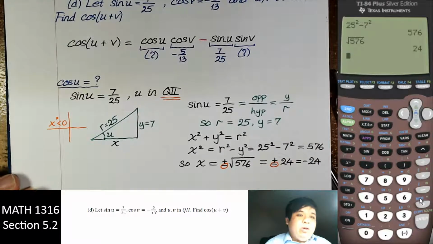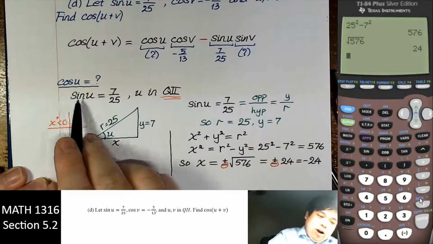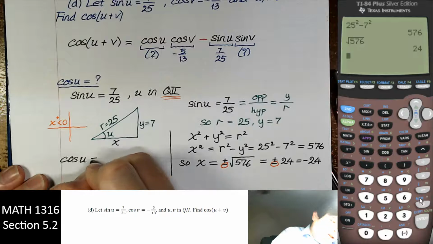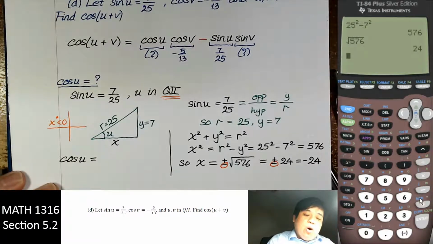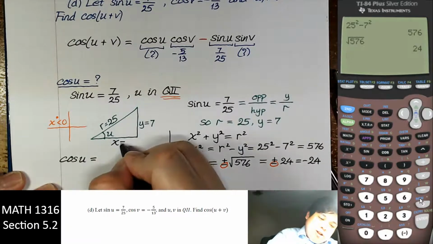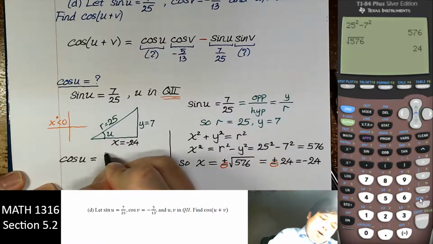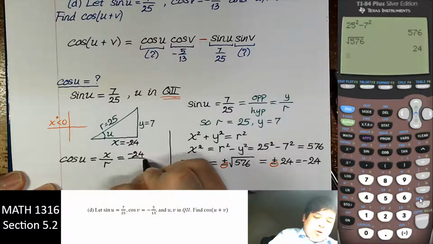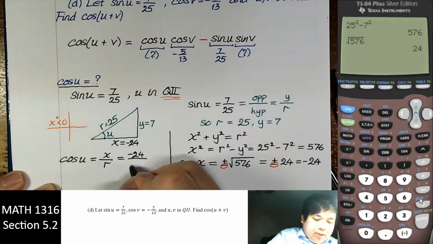So x is negative 24. And finally, cosine of u is adjacent over hypotenuse, or x over r, negative 24 over 25.